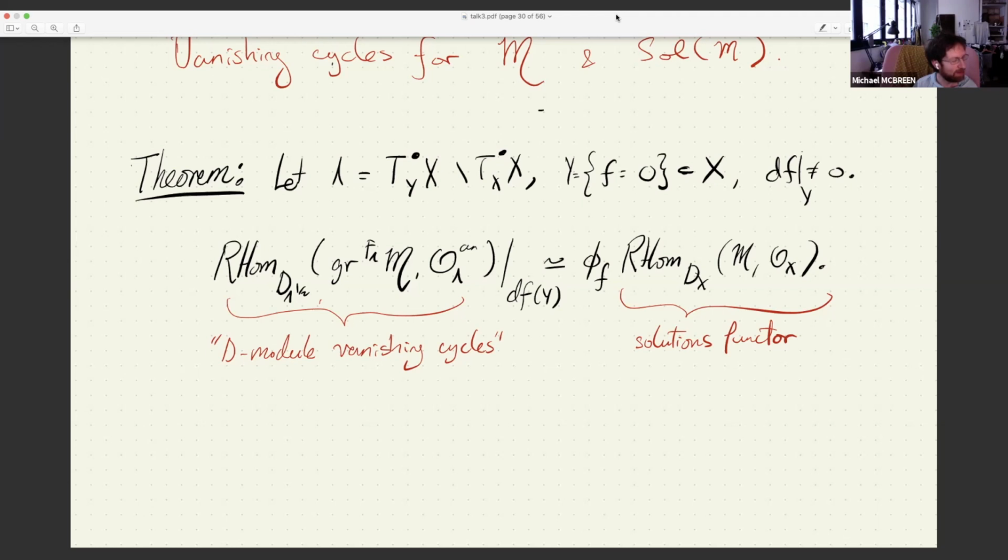Right, and I guess maybe this is a good time to say, in that situation, you don't need to restrict Y to be a hypersurface. You could take Y to be some smaller codimensional submanifold. So then you no longer have vanishing cycles, but you can still do what Carrie is saying.